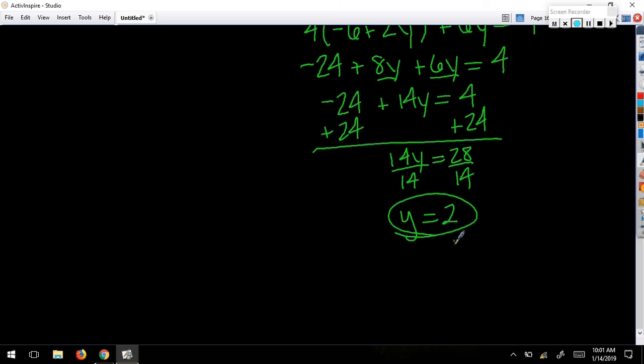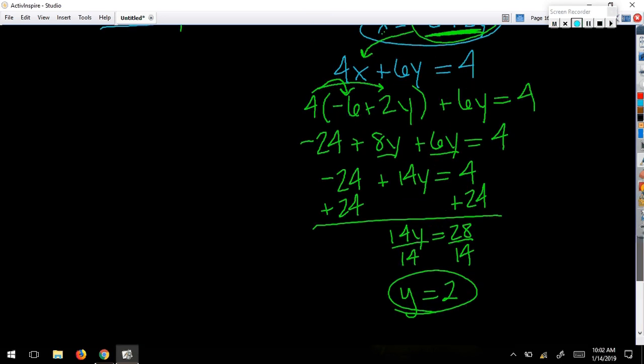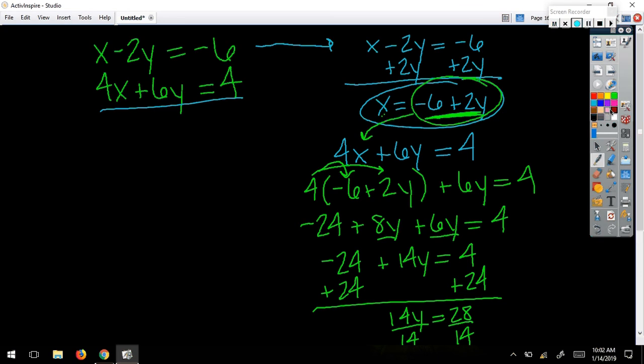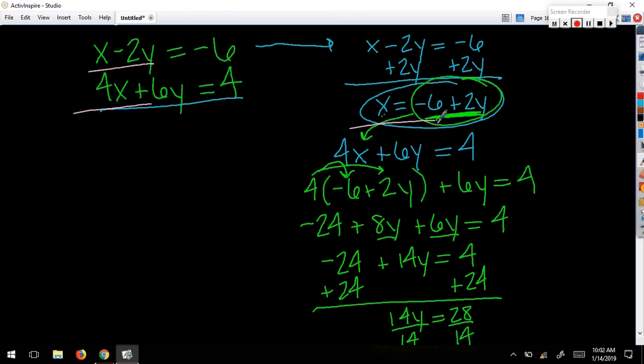So now, let me tell you this. I know that y equals 2, right? And I need x. Now, you could plug in, the question is where do you plug in? I've got 3 different equations. Any of them will work. You could plug into any of those 3 and it would work.